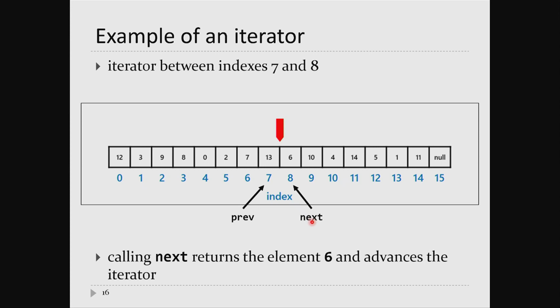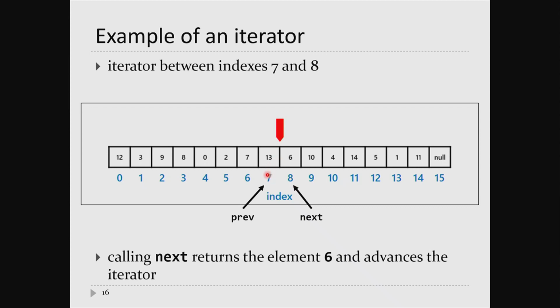So previous is the index of the element that was last returned by the iterator's next method. The next index is the index of the element that will be returned by the iterator when you call next.